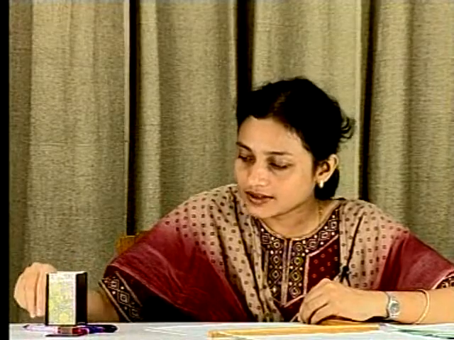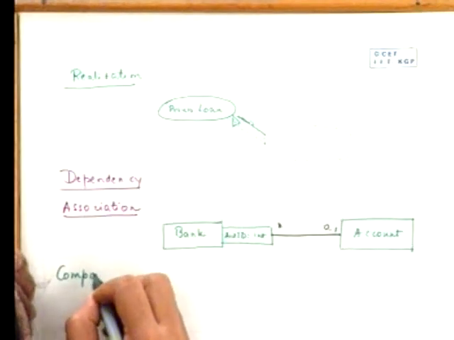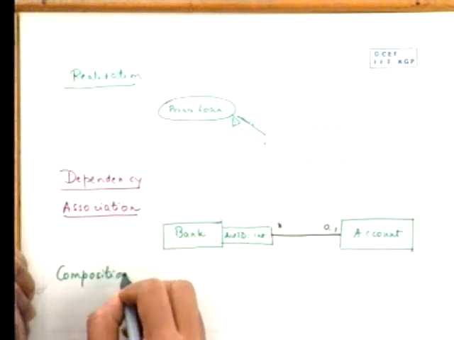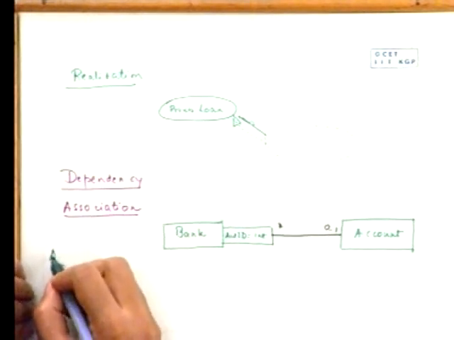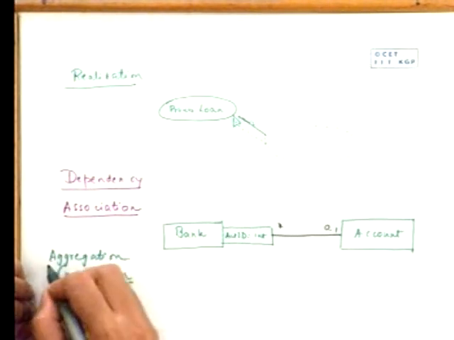Similarly, there is another kind of relationship called composition relationship, which is a type of aggregation relationship. We have seen that an aggregation relationship is denoted by a diamond on the whole part of the relationship.